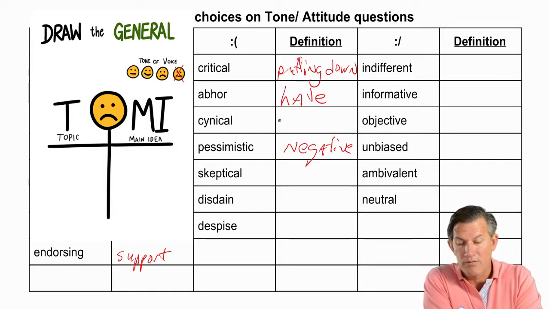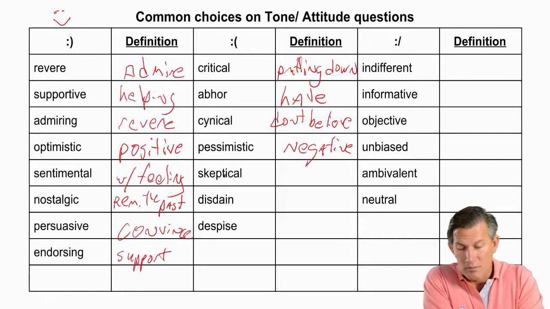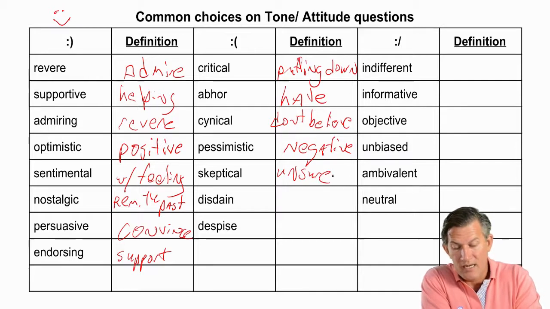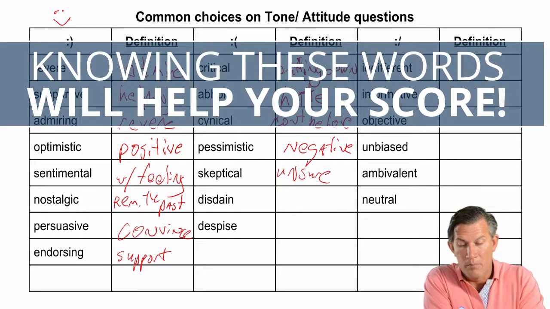It means that you don't believe. And skeptical means the same thing. Skeptical means that you're not sure that really happened, okay? If something sounds too good to be true, it probably is, okay? Unsure.